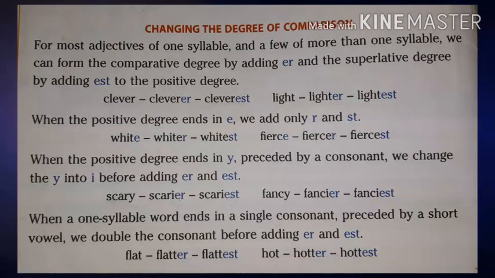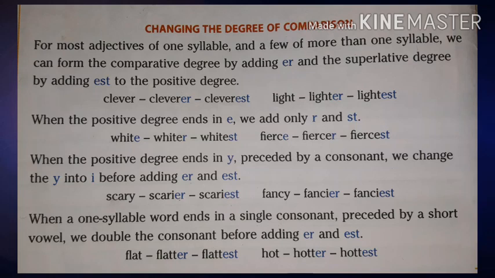Changing the degree of comparison. While changing the degree of comparison, we have to check the following points. For most adjectives of one syllable and a few of more than one syllable, we can form the comparative degree by adding er and the superlative degree by adding est to the positive degree.